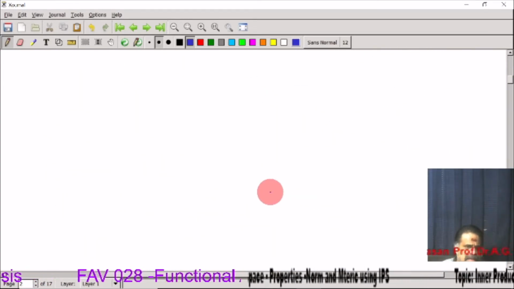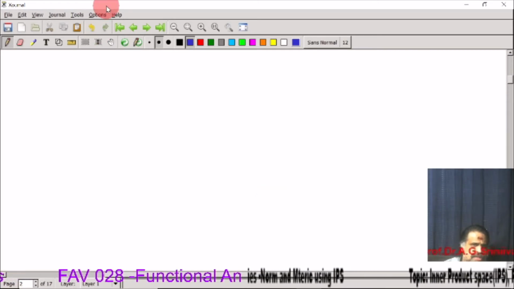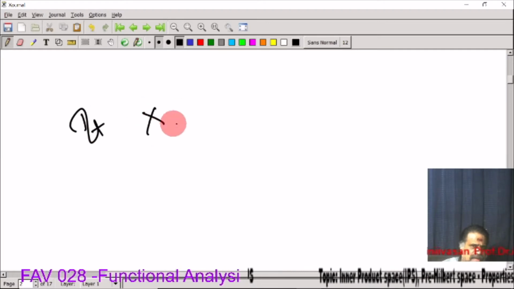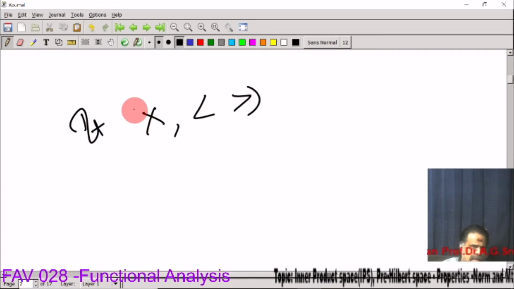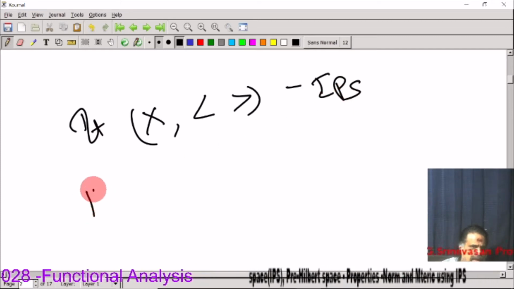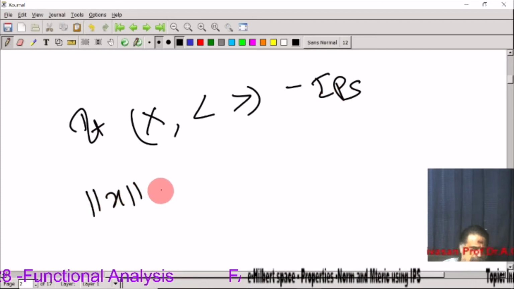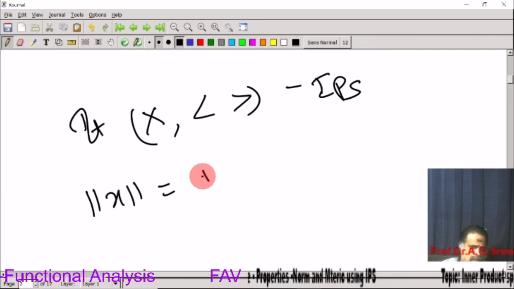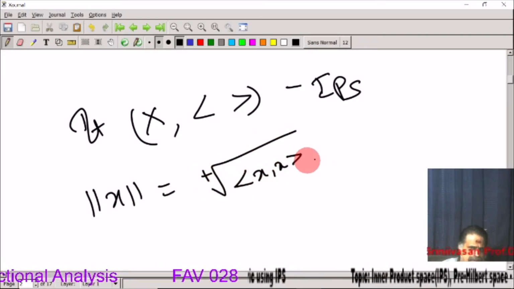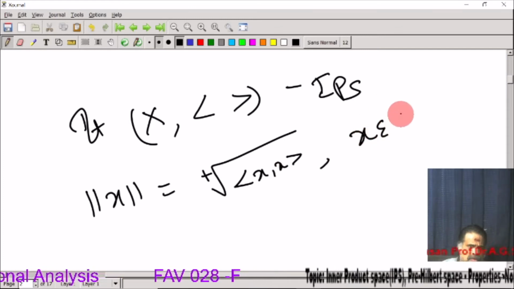So the conclusion is: if this is an inner product space, then I define norm x is equal to the positive square root of the inner product xx, where x belongs to X.